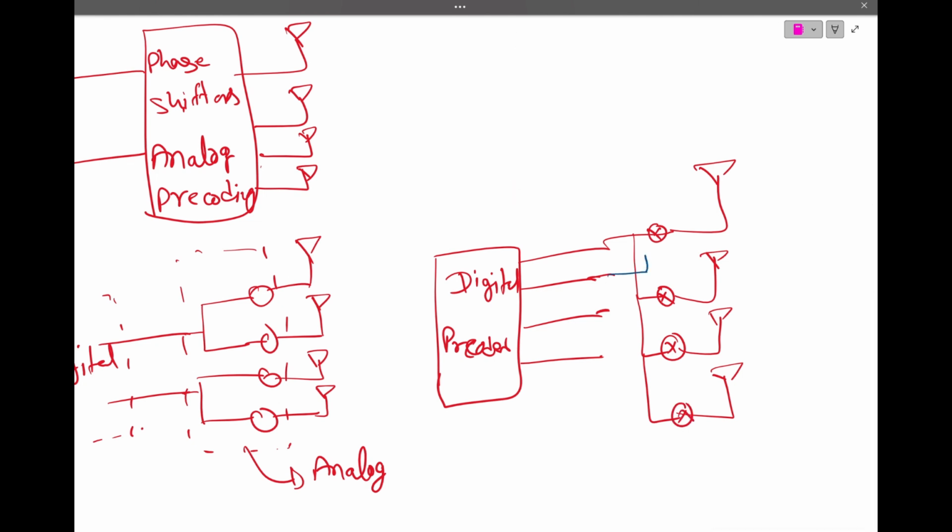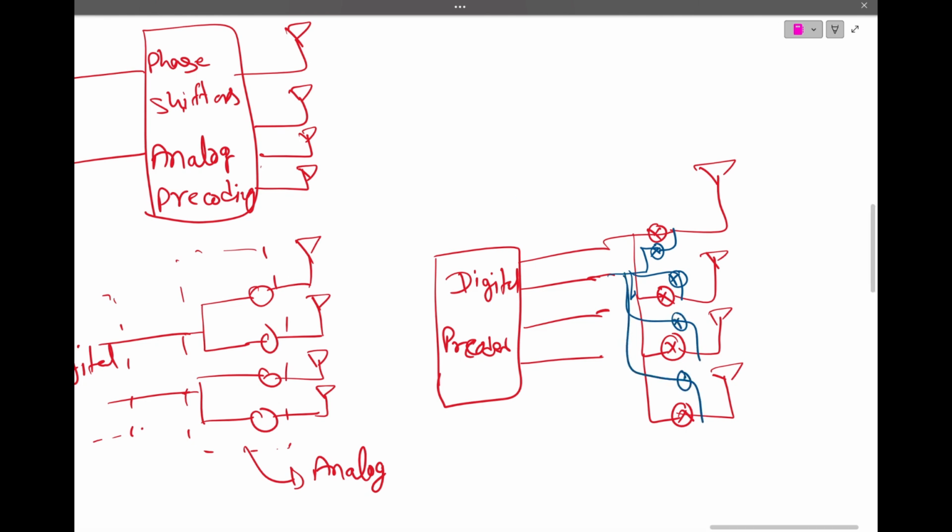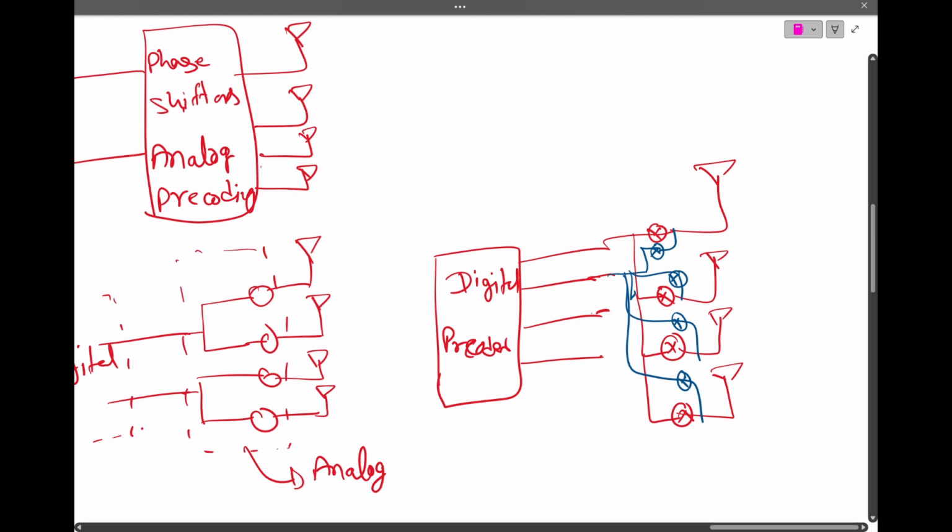Similarly for this, each chain is connected to each antenna element to have better control.